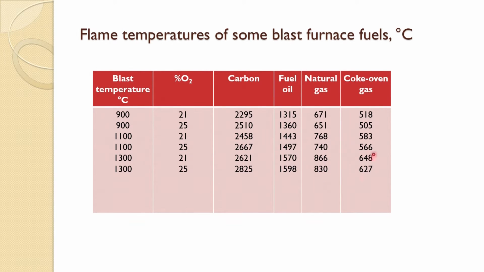So, these are really not a very good choice for fuel. They can be combined with others. Many times you use oxygen rich blast, which usually increases the flame temperature. Fuel oil is okay. So, this gives an idea about the flame temperature.